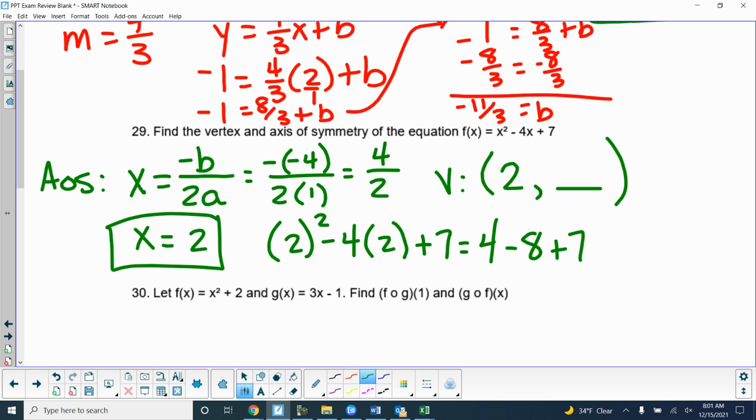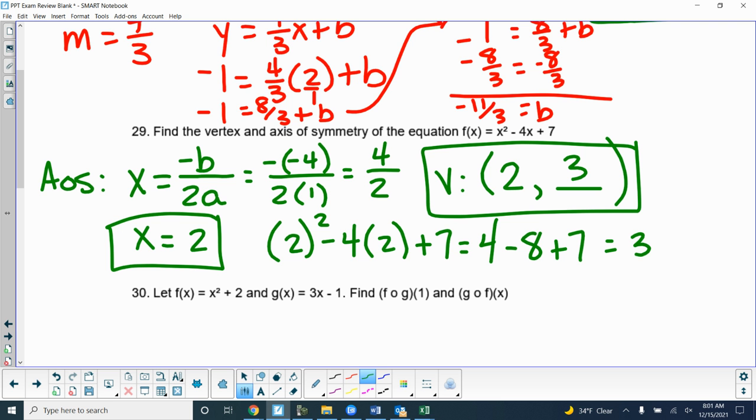So 4 minus 8 is a -4. Plus 7 is 3. So our vertex is 2, 3. If you want, you can put it in your calculator and try to figure out what the vertex is by looking at the graph on your calculator if you want. And then you can find the axis of symmetry too, see where the middle of your parabola is, right?